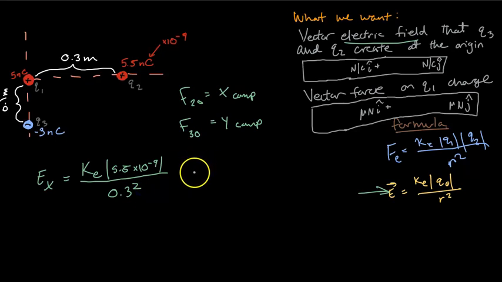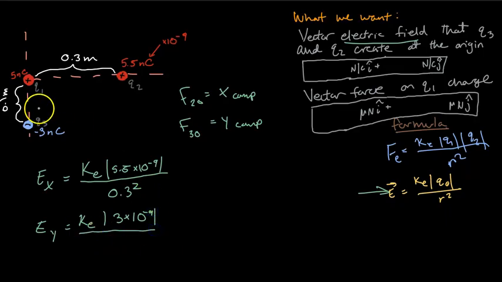And then we will set up our equation for the y direction, and we said our y direction is 3 on the origin, so we have our Coulomb constant times the absolute value, so we can take off that negative and just put 3 times 10 to the negative 9 all over the distance between the charge and where we're calculating the point.